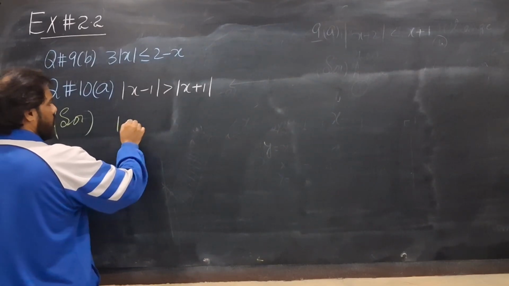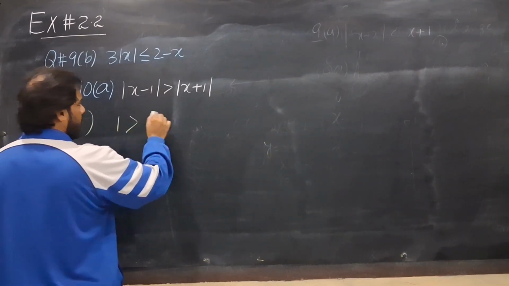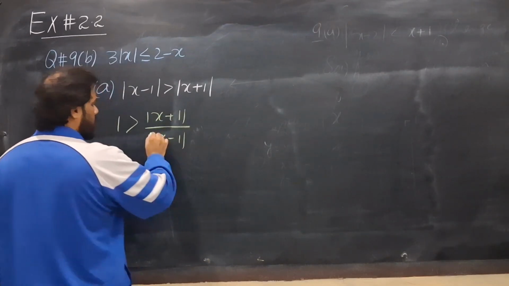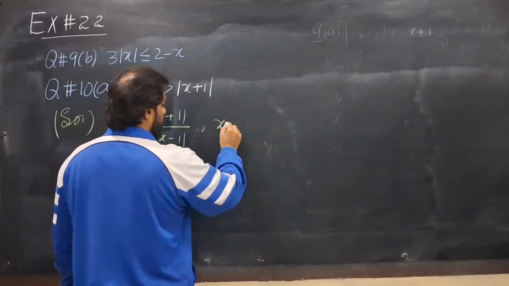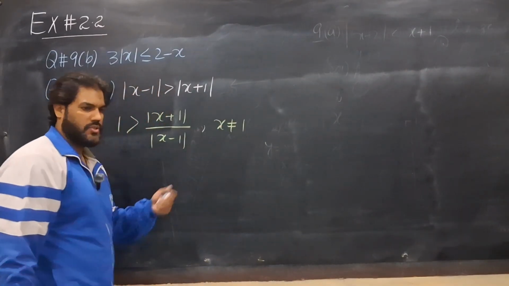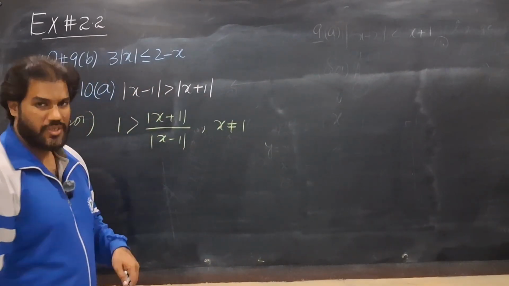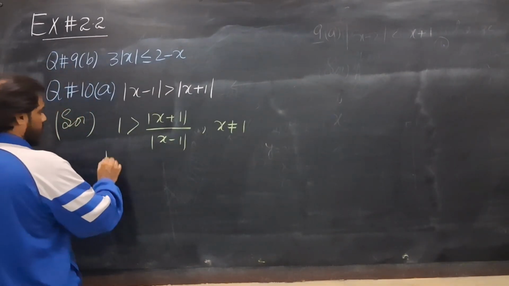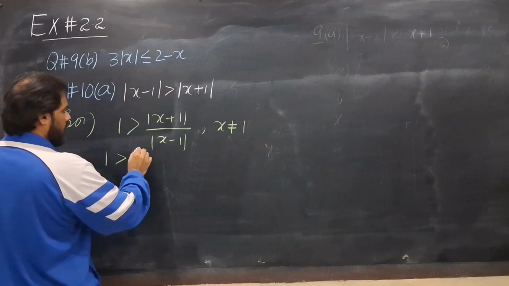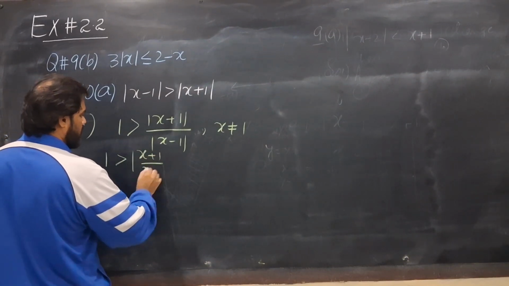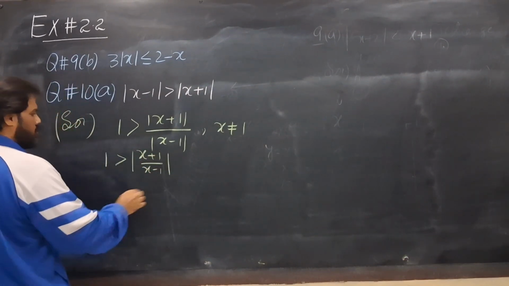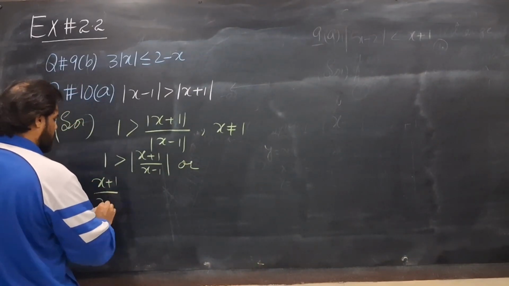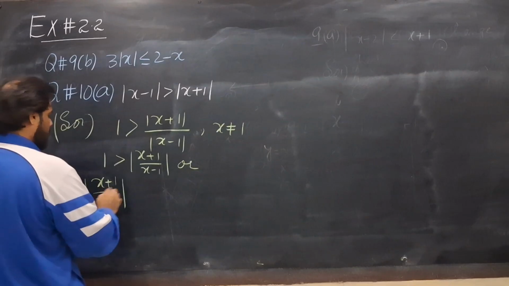This gives 1 greater than |x plus 1| over |x minus 1|, provided that x is not equal to 1, because if x is equal to 1, then this inequality becomes undefined and division is not possible. Further, you can write it as |x plus 1| over |x minus 1| less than 1.